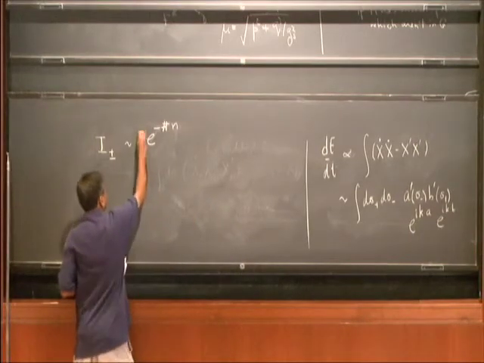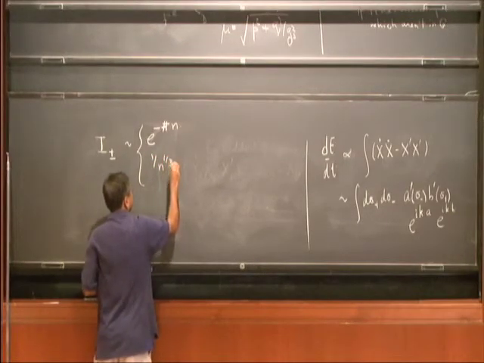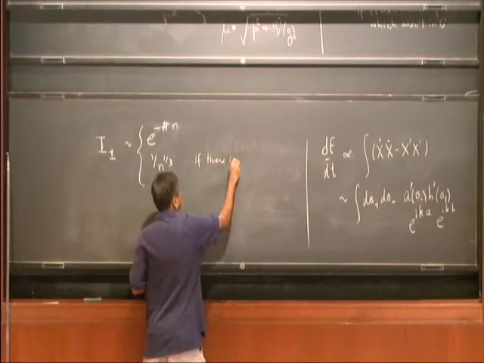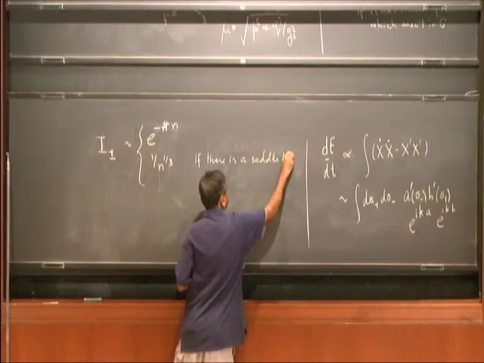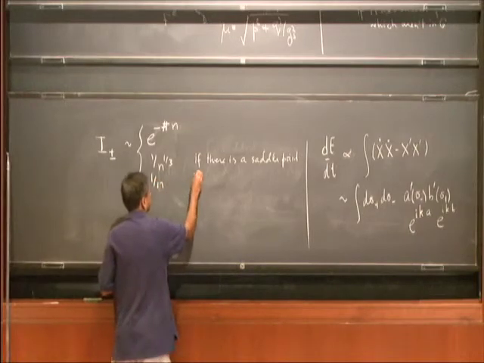However, there are two exceptions. This will go like 1 by n to the 1/3 if there is a saddle point, and 1 by n if there is a discontinuity.